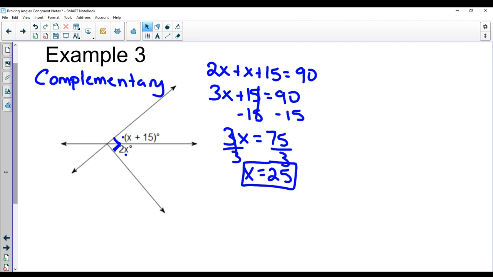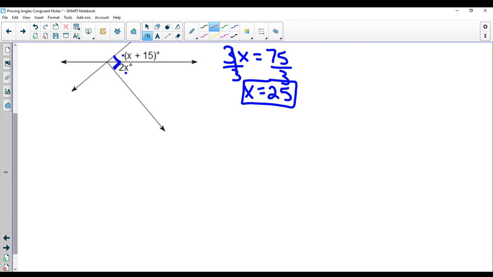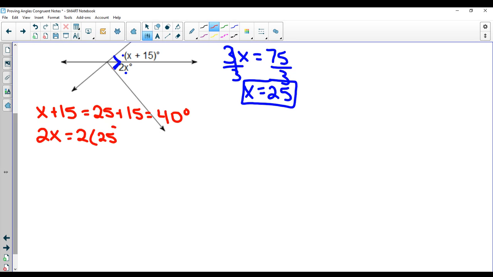Okay? And then again, for extra, if they say, hey, take that x and go plug it back in. So let's see if we did that. x plus 15 would be 25 plus 15, which gives us 40 degrees. 2x would be 2 times 25, which is 50 degrees.